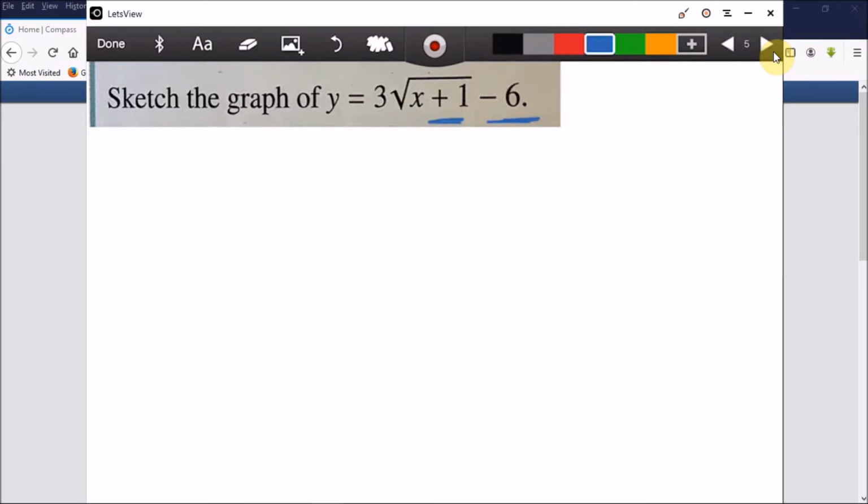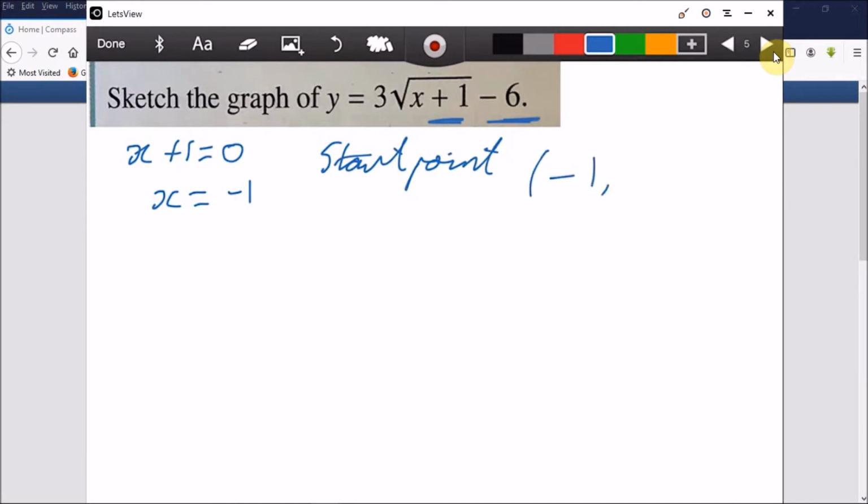There's our h and our k. And the key thing we're interested in is when x plus 1 is equal to 0, and that's when x is -1. So our start point is at -1 and -6.